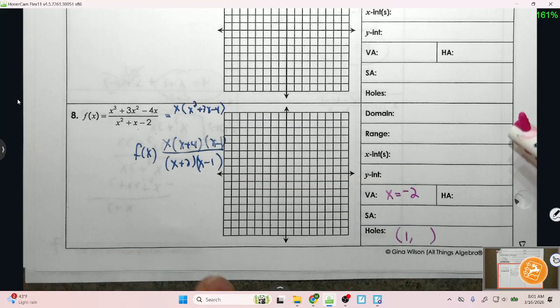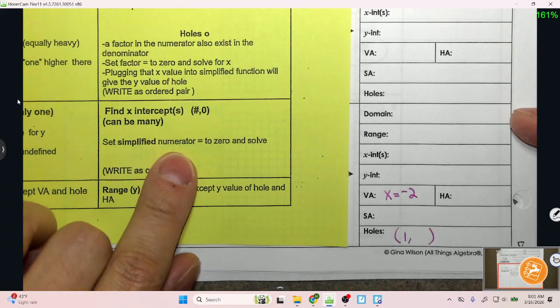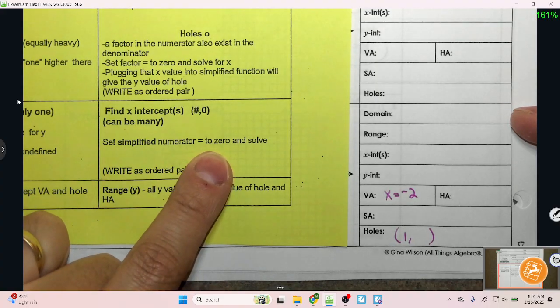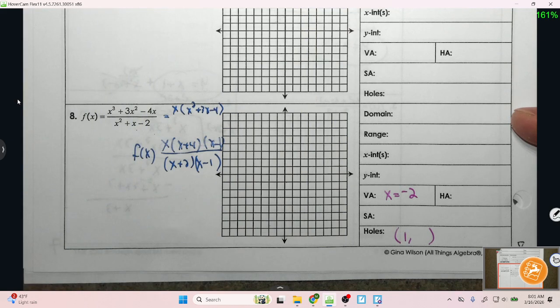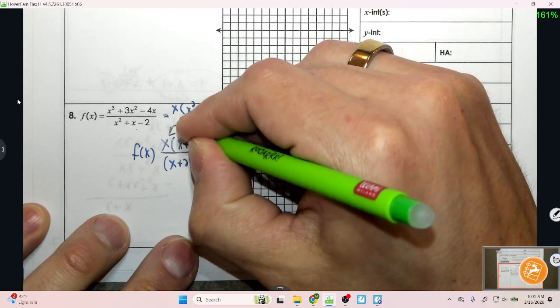Okay. How about x-intercepts, which is when the y is equal to 0. Well, x-intercepts is when the numerator is 0 and you solve it. So I'm going to take the numerator and look at where the numerator is 0. Thoughts on that? Where's the numerator 0? Well, the numerator is 0 here and here.